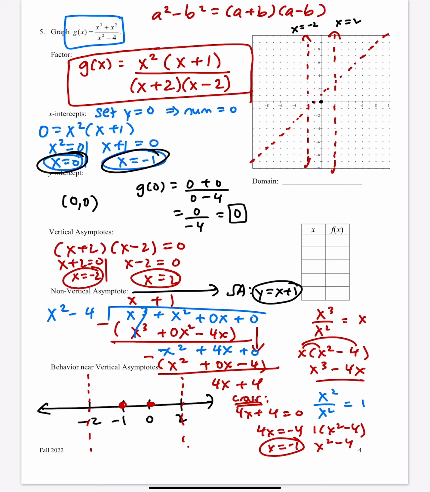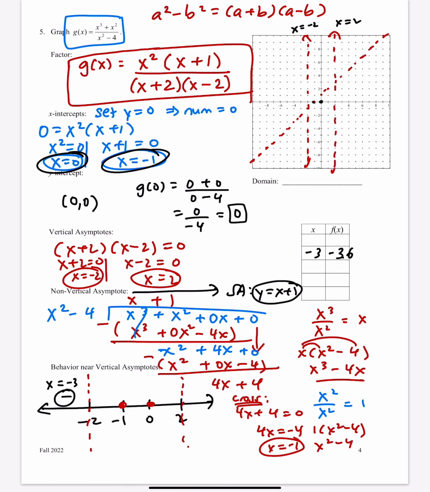So if you care about the behavior near vertical asymptotes, then let's see what happens when we plug in numbers that are to the left of negative 2, right? So let's say I plug in negative 3. So you take negative 3, you plug it in, right? And you see what I get. So just fast forward, if you plug in negative 3, you should get like negative 3.6, which is a negative number, right?